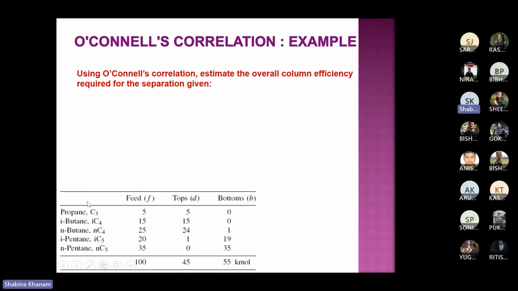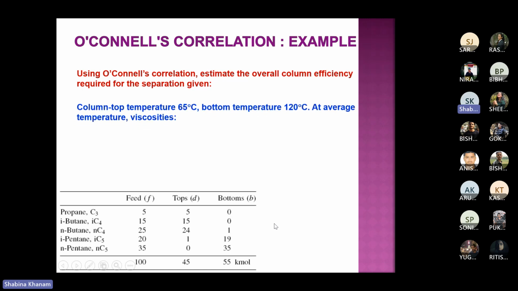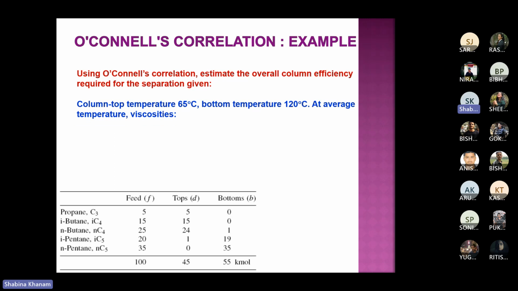This is the flow of the components which is given over here. This is the same example, and the column top temperature is 65, bottom is 120. The viscosities at average temperature are given for propane, butane, and pentane, and we need to consider that for the feed.